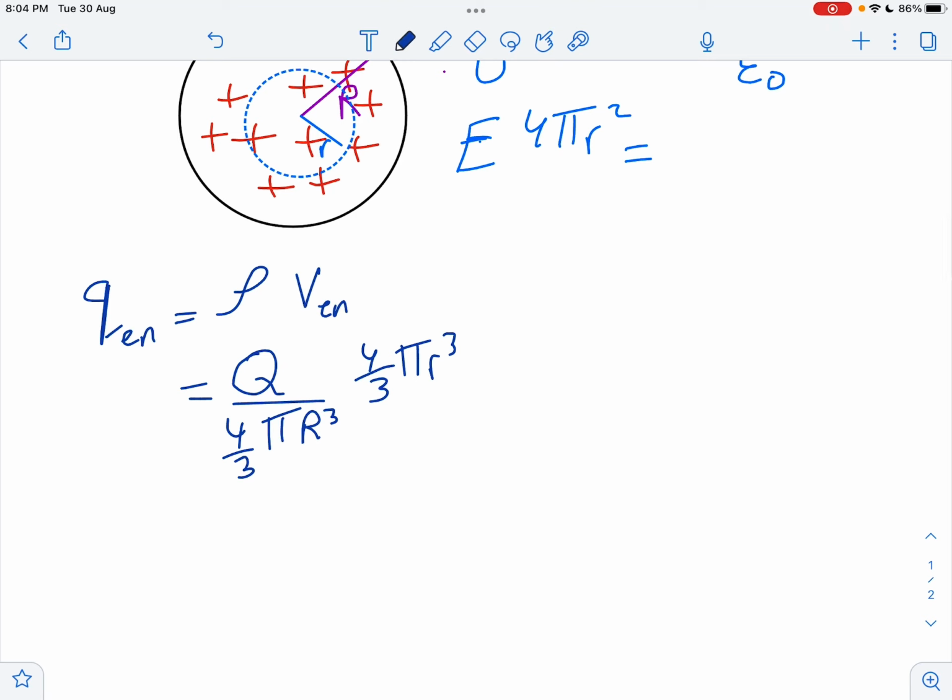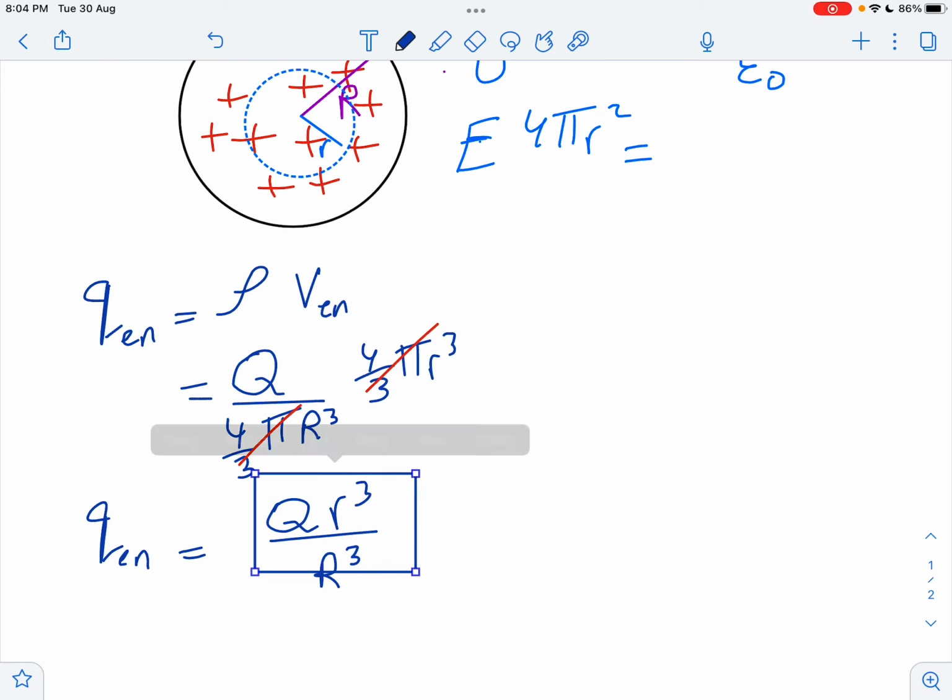So Q enclosed becomes capital Q, and those terms cancel, 4 over 3 pi, 4 over 3 pi. So we are left with small r cubed over capital R cubed.